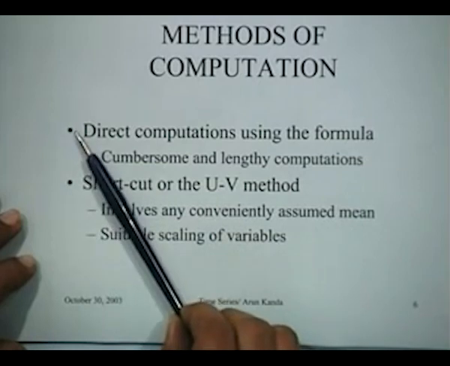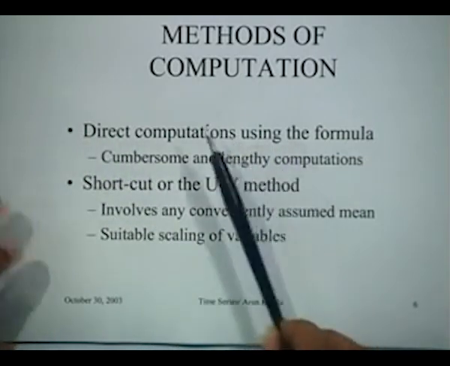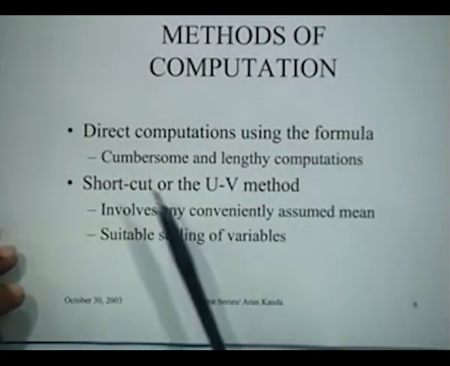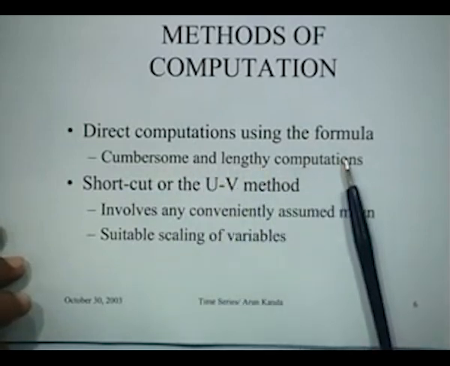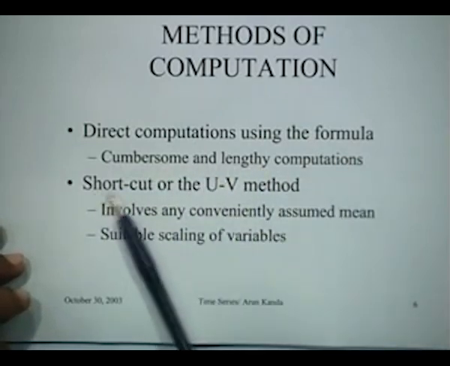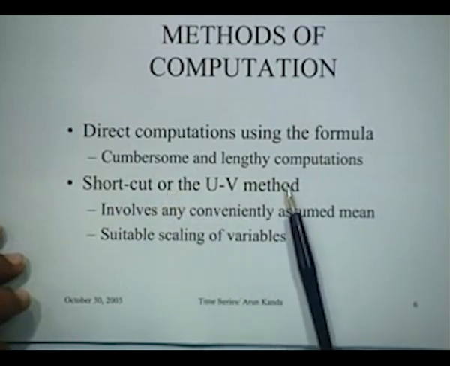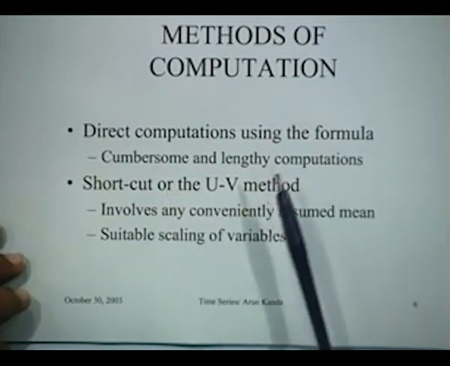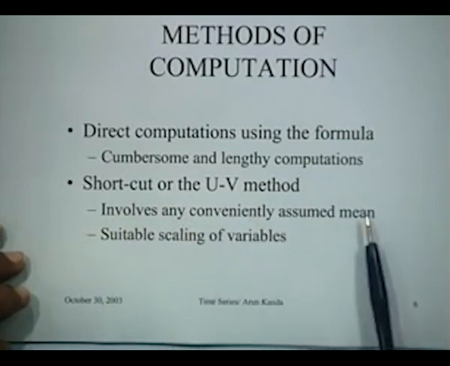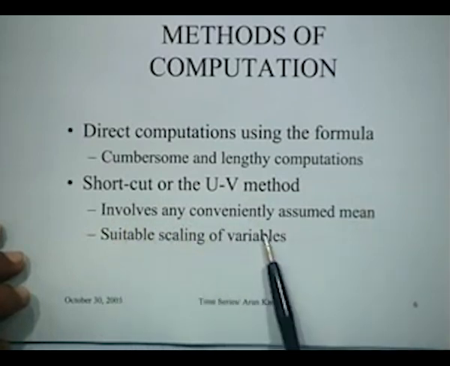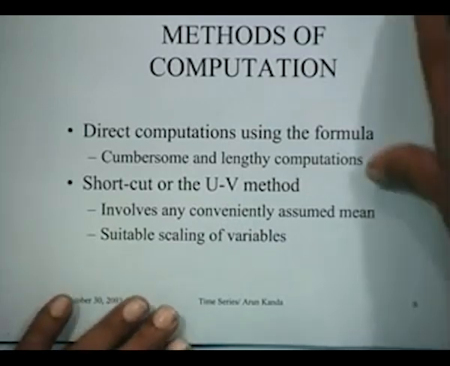One of the methods is a direct computation using the formula we have just defined. This is generally a cumbersome and lengthy method for purposes of computation. One can also use a shortcut or the UV method, which is basically like shifting the origin, and it involves any conveniently assumed mean and then suitable scaling of variables. So this is generally pretty easy for purposes of computation.